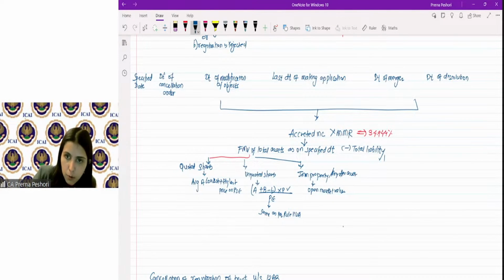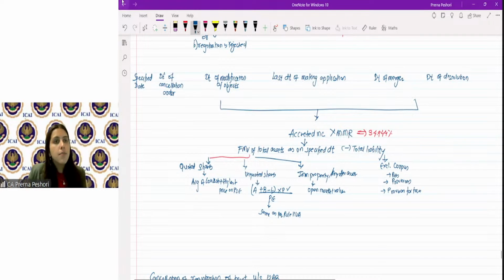Okay. And for the total liability, it excludes corpus, reserves, provisions. Okay. Provision for tax. Fine. So this is how you calculate the accreted income.